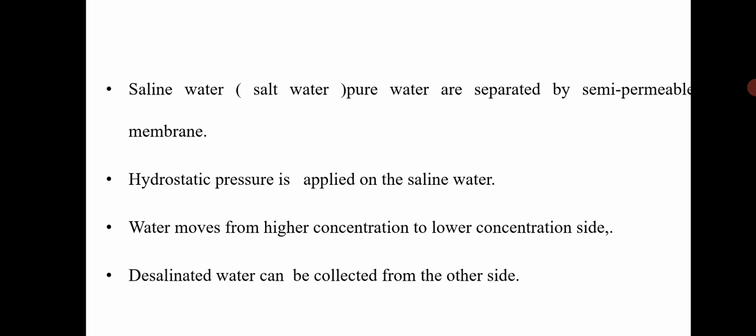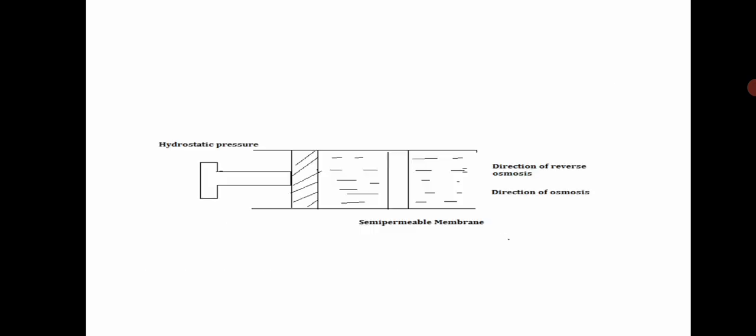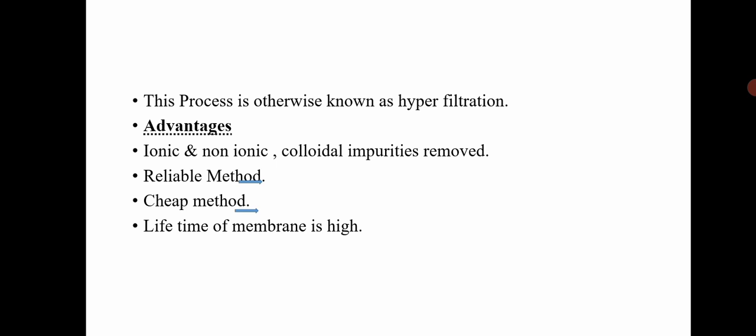In this method, we can separate saline water from pure water, moving the water from higher concentration into lower concentration. So this is a diagram. When we apply the greater hydrostatic pressure on the higher concentration side, the solvent particles migrate from higher concentration into lower concentration. This process is called reverse osmosis.